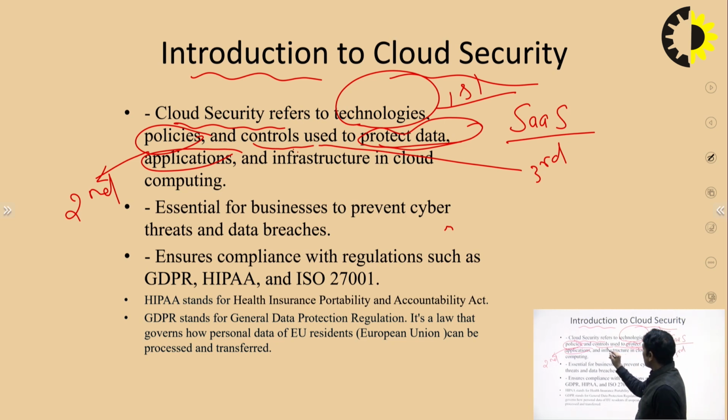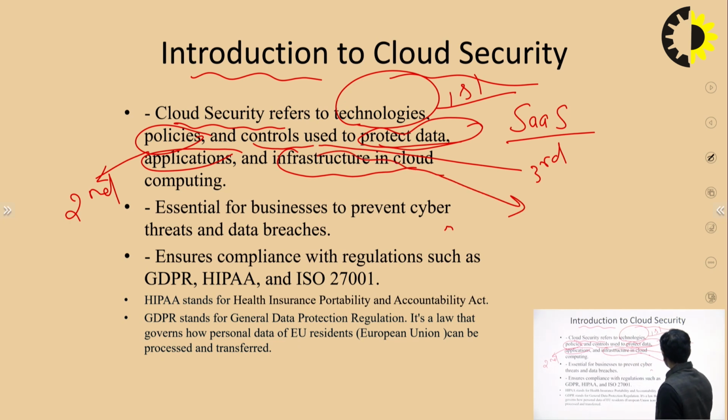And then infrastructure in the cloud. What is the infrastructure? That is IaaS, infrastructure as a service. And between SaaS and IaaS, there is also PaaS.